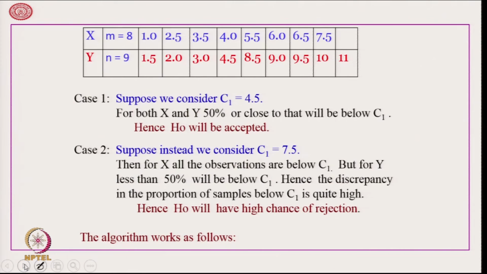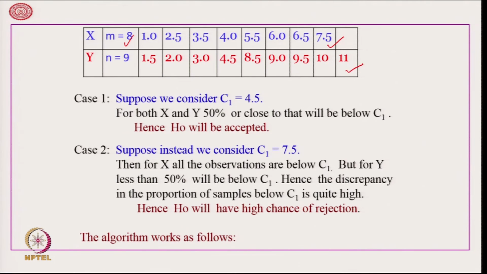Consider 8 observations from x, that is m is equal to 8, and these are the values 1.0, 2.5, 3.5 up to 7.5. And for y, there are 9 observations which are given there 1.5, 2.0 up to 11. We want to check if they are coming from the same distribution.